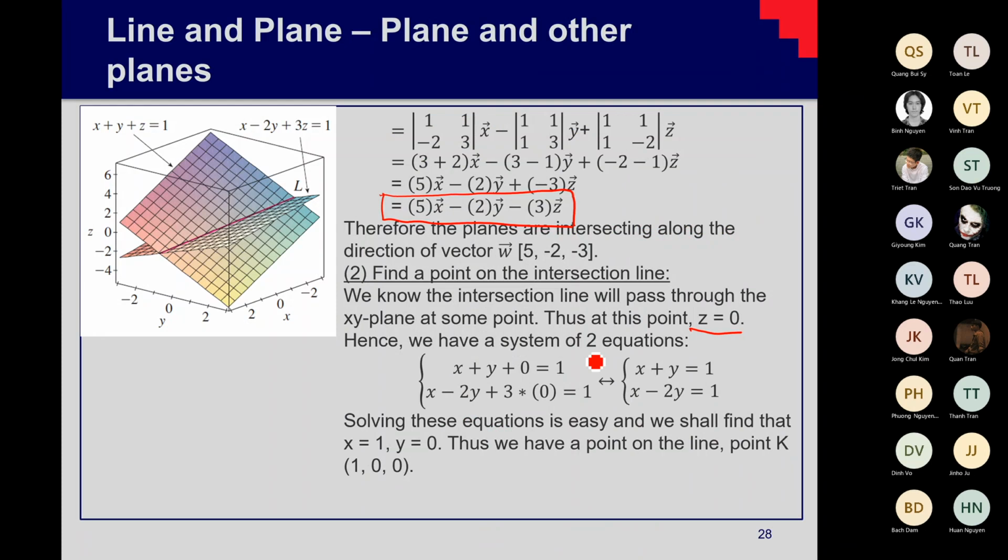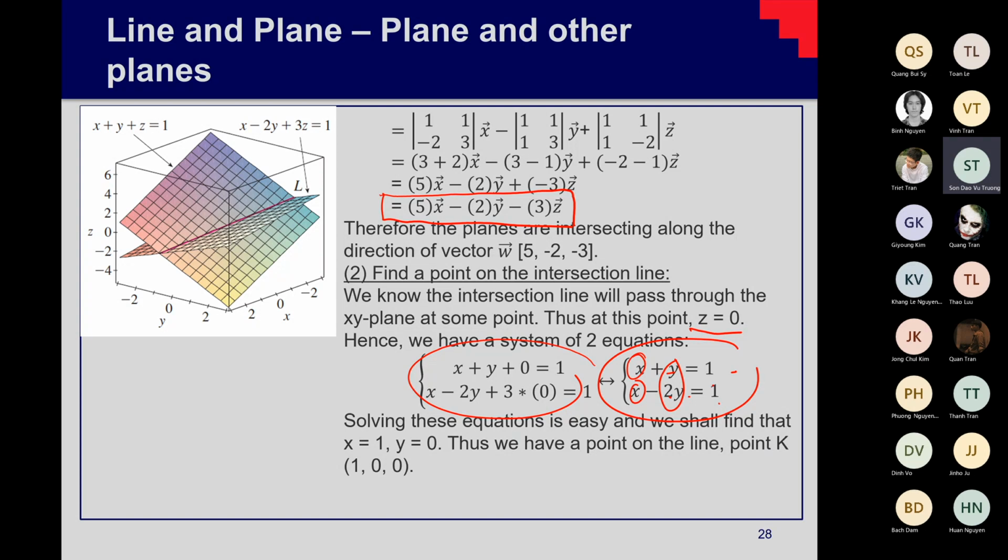So y will be equal to 0 and x equals 1. x plus something equals 1, x minus something equals 1 also, so this means y equals 0.